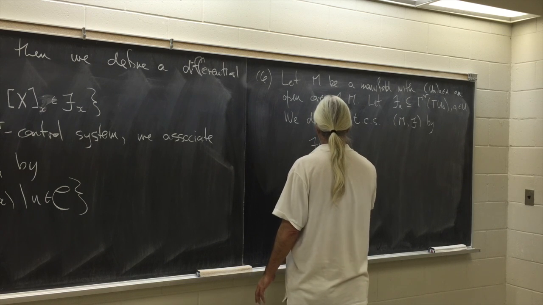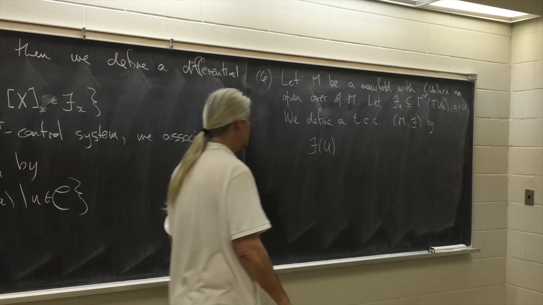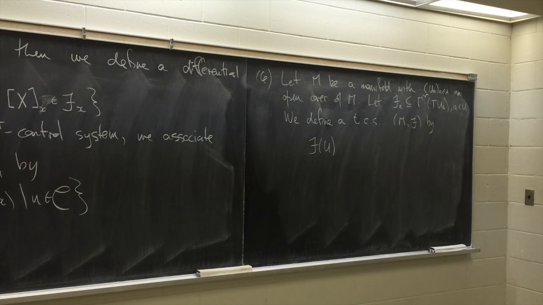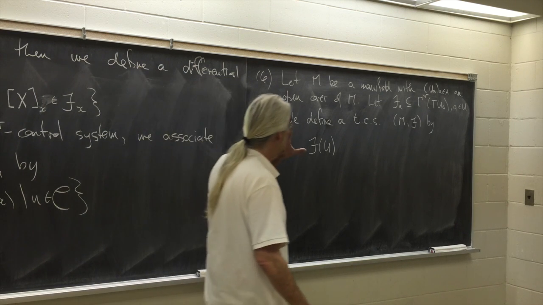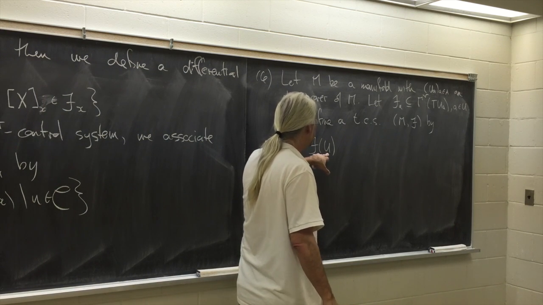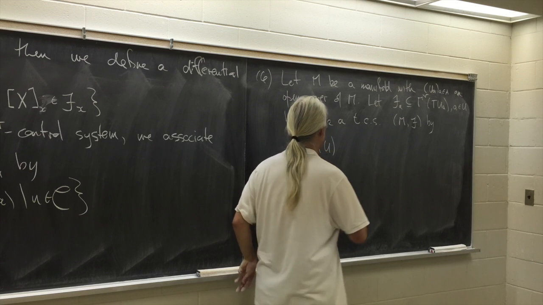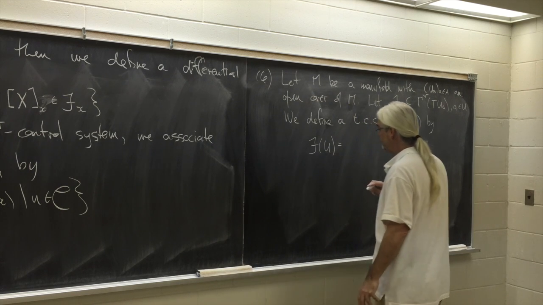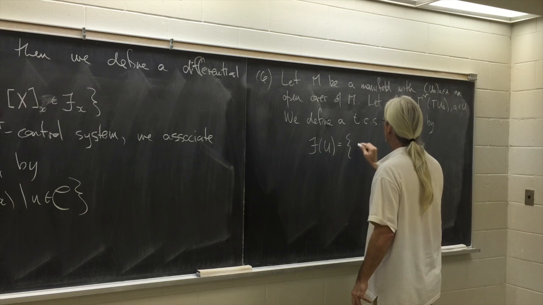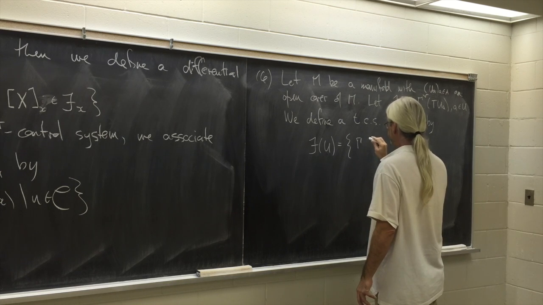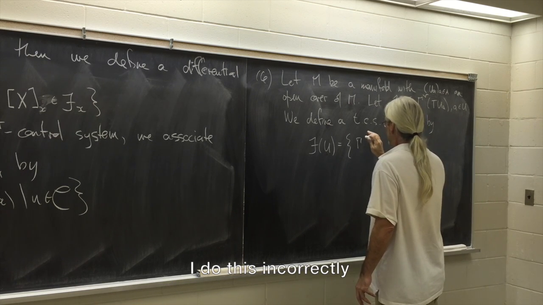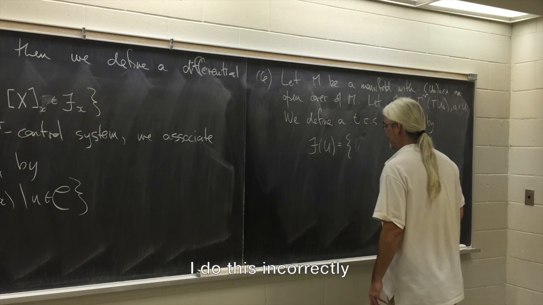So obviously I need to define my presheaf of sets. So I take an open subset U of M, and I need to give you a set of vector fields here. Here's the definition. Let me see how's the best way to say this.